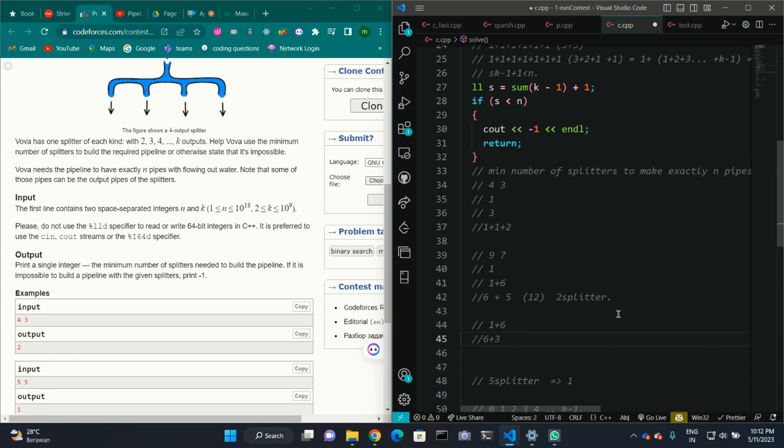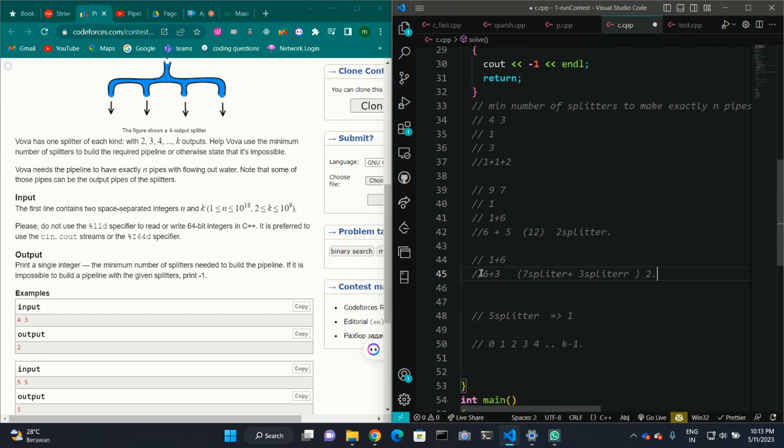So I am using 6 splitters. Sorry, not six splitters, seven splitters plus three splitters. So please answer. So you will get exactly nine.